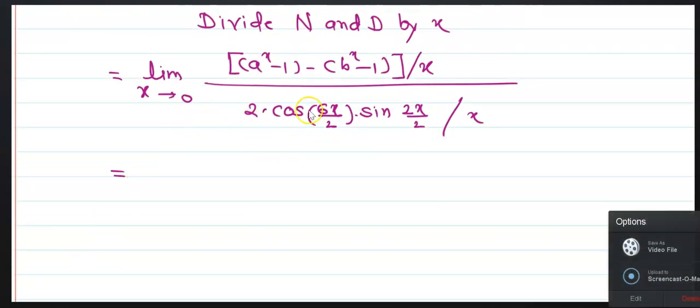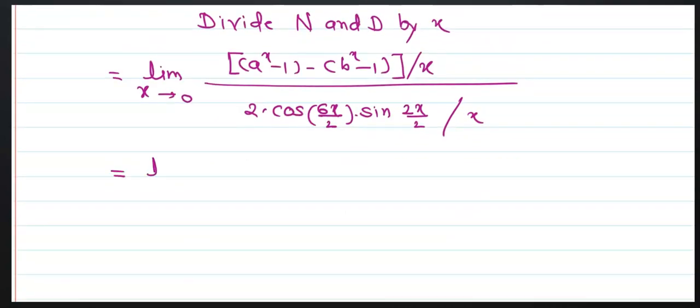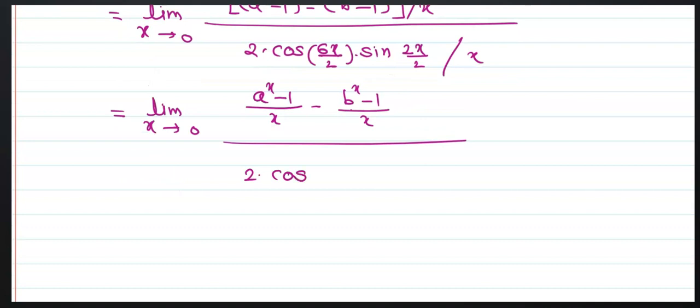This is the 6x. Again, you can see here, it is written as, split up, cos of 3x sine of x.